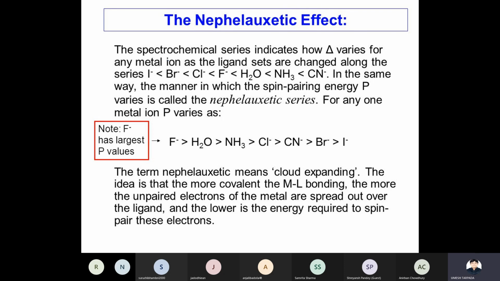Lower is the energy required to spin pair. उनको पेयरिंग करने के लिए कम एनर्जी, क्योंकि CFT और 10 Dq is a negative value. ये इंडिकेट करता है कि क्रिस्टल स्टेबिलाइजेशन के लिए कितनी एनर्जी जरूरी है. उतना इम्पोर्टेंट नहीं, but it is slight, it is almost similar to the electrochemical series, but one depends on ligand field strength and the other depends on pairing energy. उतना ही डिफरेंस है. So see, geometry of complex, how does it affect?